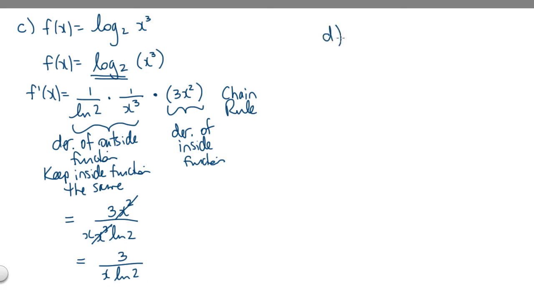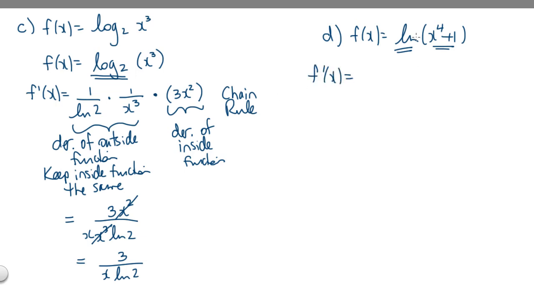For part D, let's say our function looks like ln of x to the 4th plus 1. And we're going to find f prime of x here. So again, we'll be using the chain rule because we've got an outside function here applied to an inside function that's more complicated than just a simple x.